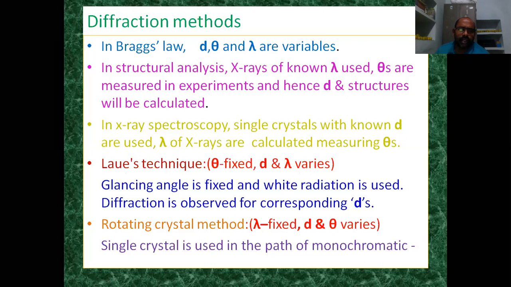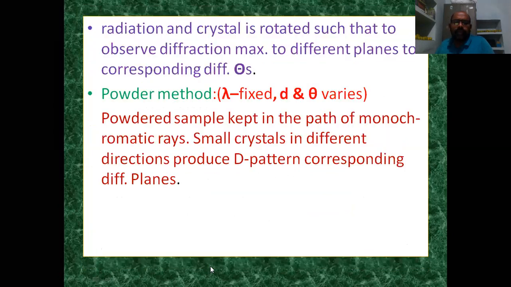In the rotating crystal method, lambda is fixed, the wavelength of X-ray is fixed, and interplanar spacing and diffraction angles vary. A single crystal is used in the path of monochromatic X-ray. Since it is a single wavelength, the single crystalline material is kept in the path of the monochromatic X-ray and the crystal is rotated.